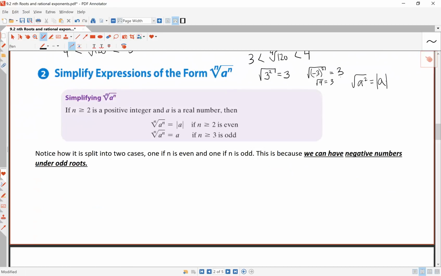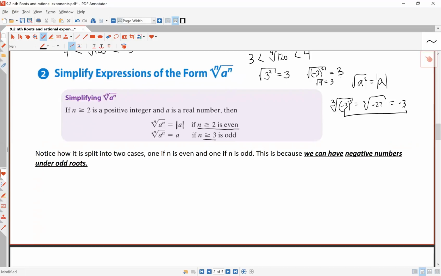And so that's going to be true in general, that if the index and the power are even numbers, they'll undo each other, but we need absolute values. But when it's an odd index, it doesn't matter, because the cube root of -3 cubed is the cube root of -27, which is -3.